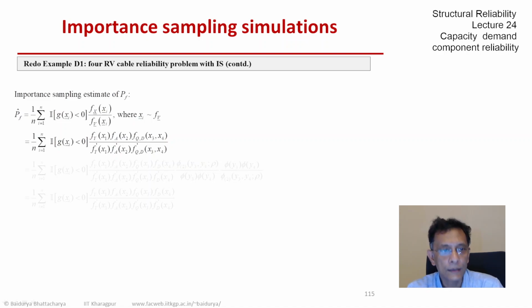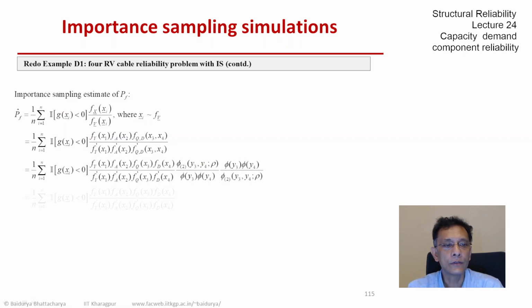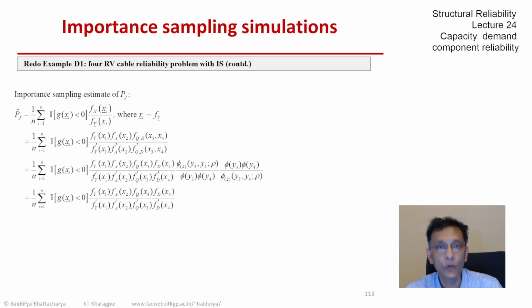We have expanded them in the second line, and using the Jacobians of the transformation, because we have used the same row, they cancel out, and what we are left with is the product of the original individual density functions, and in the denominator the product of the shifted density functions.